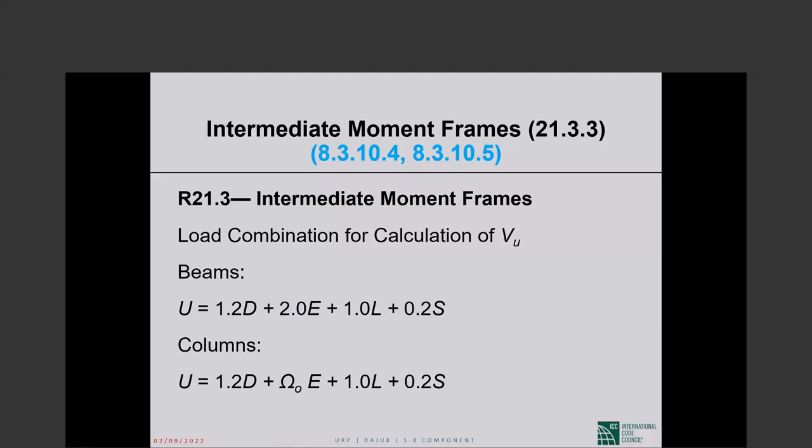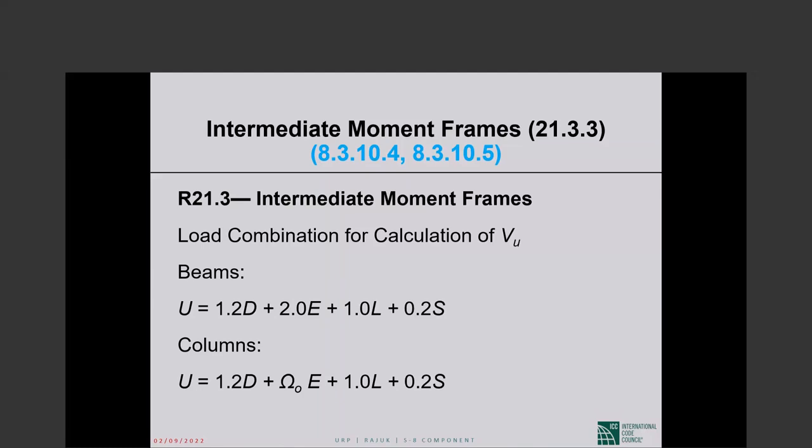So E is the earthquake-induced shear. Remember, the E is the sum of E sub H and E sub V, horizontal earthquake effect, vertical, all of that is understood.